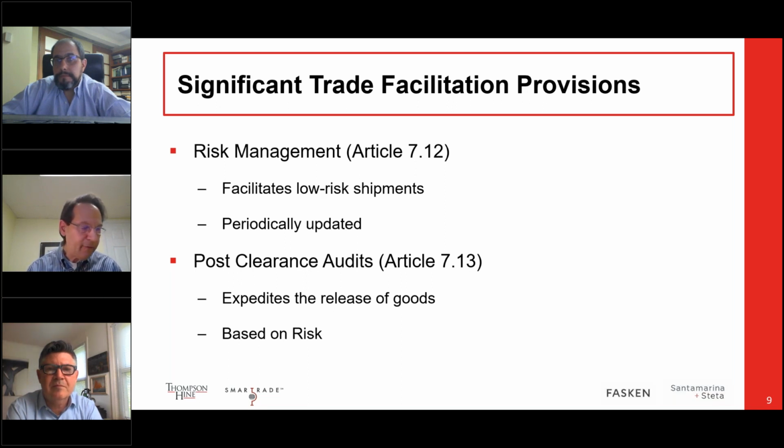But they also have, assuming it's the same in the US and assuming it's the same in Mexico, systems of trusted traders. And the whole point here is to say, if you're trading with this particular trusted trader, we are going to spend less time looking at your shipments. In fact, we may not look at your shipments at all. In Canada, there is a Partners in Protection program, and that program is based on the World Customs Organization SAFE framework.